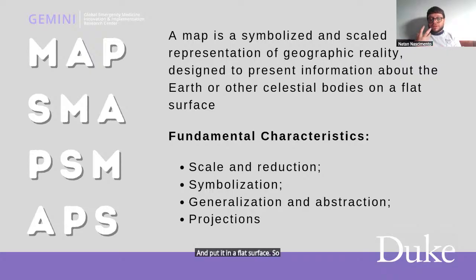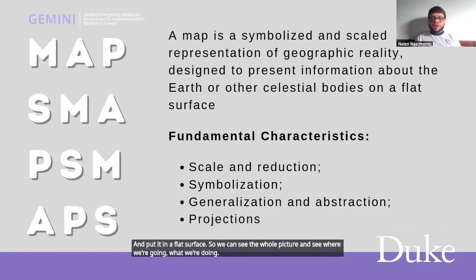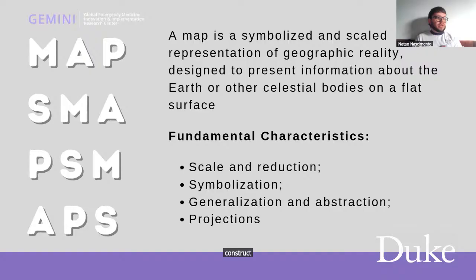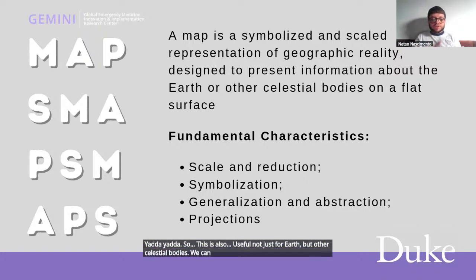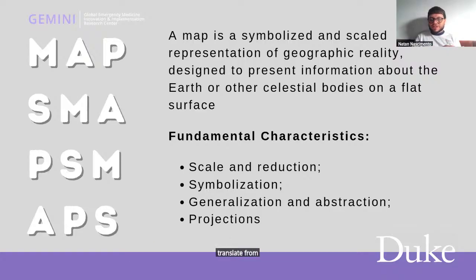So we can see the whole picture and see where we're going, what we're doing, how we can construct, or how we can build. So this is also useful not just for Earth, but other celestial bodies. We can do that for other planets. We can do that for stars. We can do that for almost everything that has a body or a surface that we can translate from a geodesic to a flat surface.